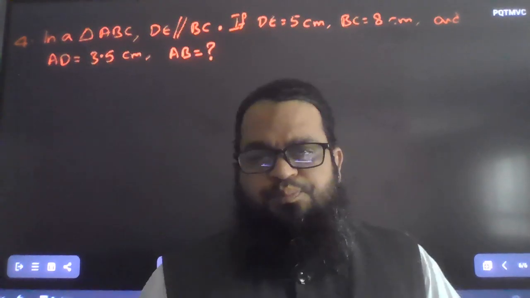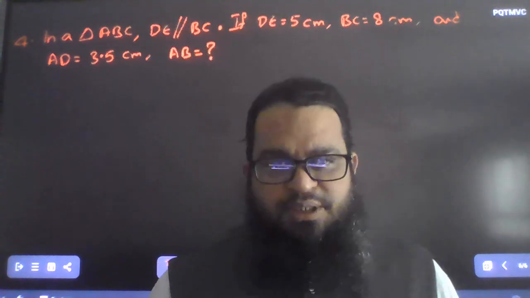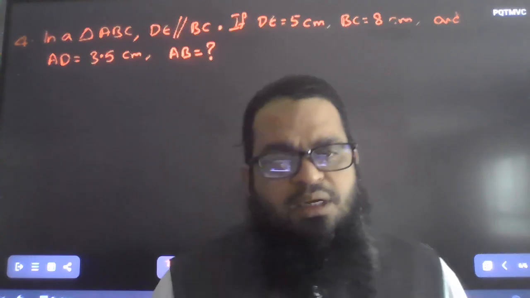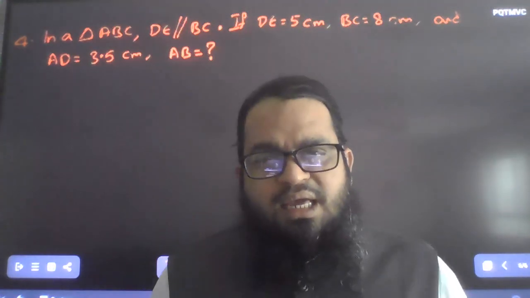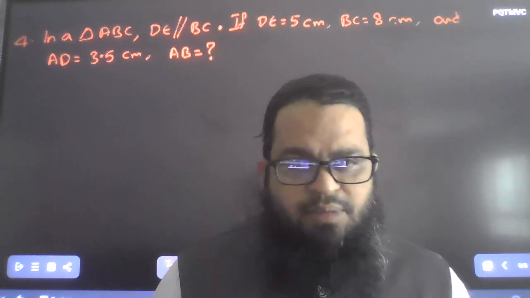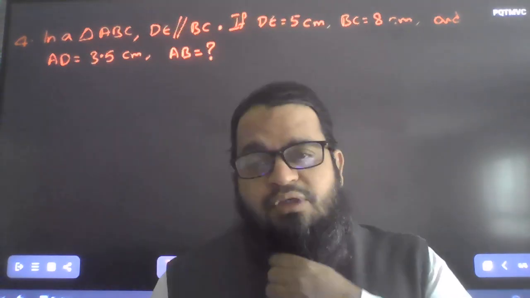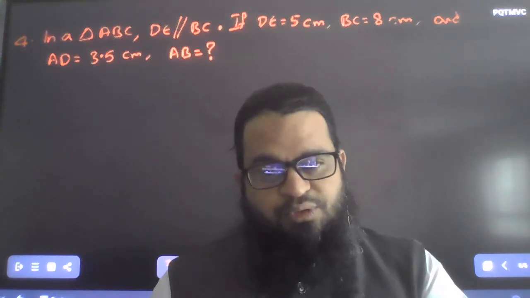So now, in a triangle ABC, DE is parallel to BC, and if DE is equal to 5 centimeters, BC is equal to 8 centimeters, and AD equals 3.5 centimeters, AB is equal to how much? By reading the question, I can understand that this is a triangles chapter, right?